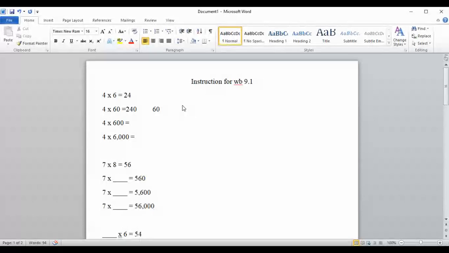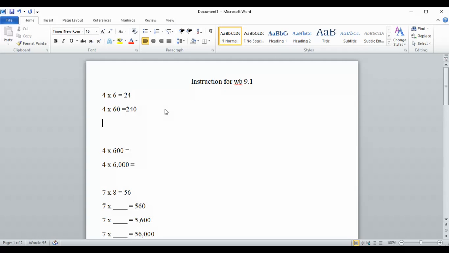I'm going to do this the long way. So we've got 60 plus 60 plus 60 plus 60, and then we'll draw a line here.